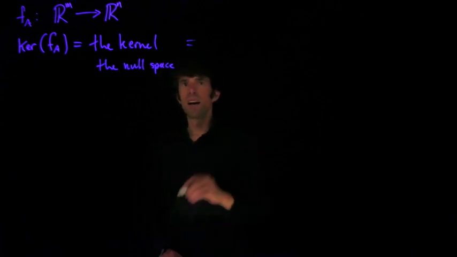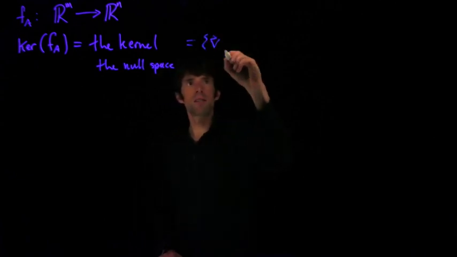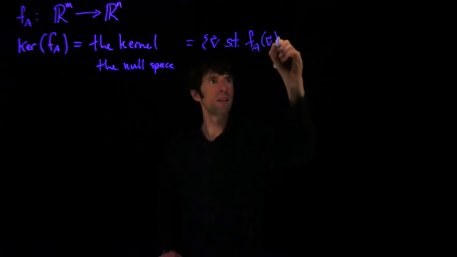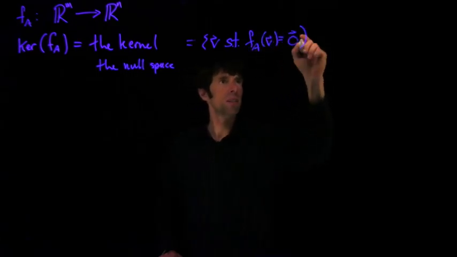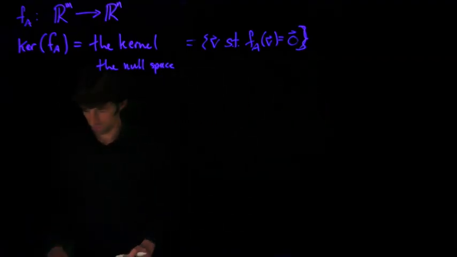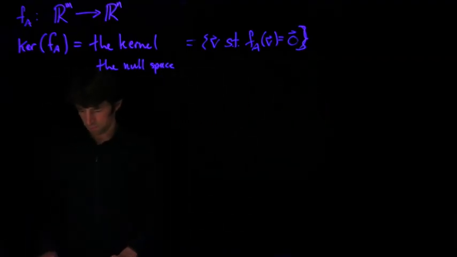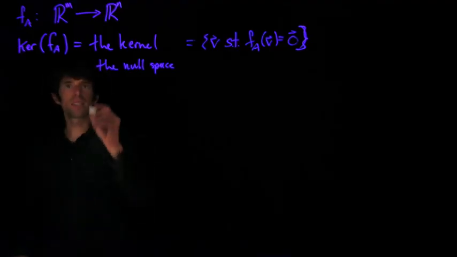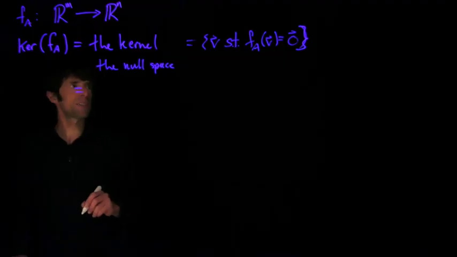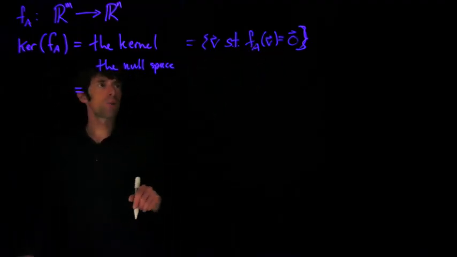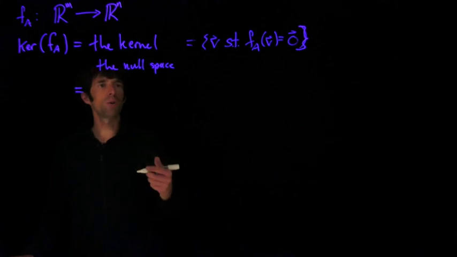And what is it? It's the set of all input vectors v such that f of v is the 0 vector. So let's think about how to interpret that. Another way to think about this is the output is a linear combination of the columns of A. So we're looking at the set of all possible ways we can take a linear combination of the columns to get the 0 vector.